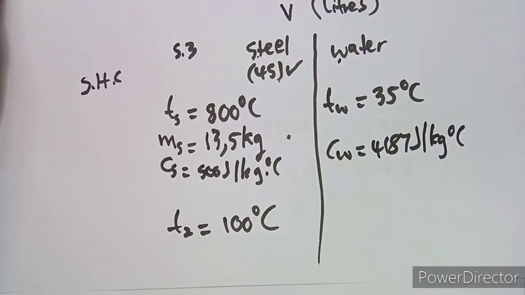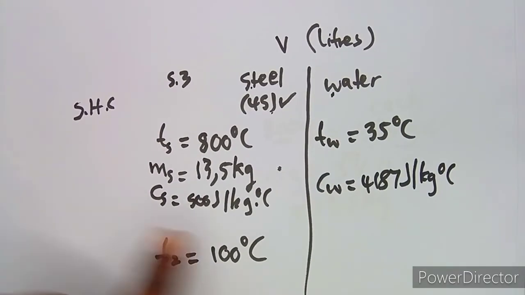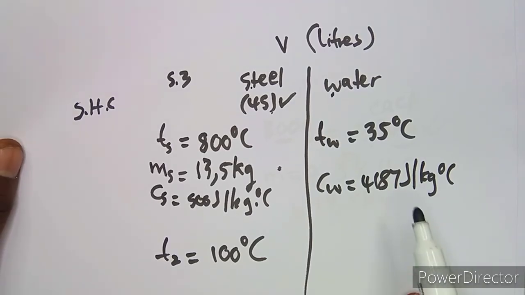Then remember, the question is to calculate the volume, guys. Where am I going to have volume? Because here I don't have anything that has to do with the volume. This is what I'm going to do. I know that there is a relationship between the heat that is lost and the heat that is gained. We need the volume in liters, remember, so we are going to use that relationship.